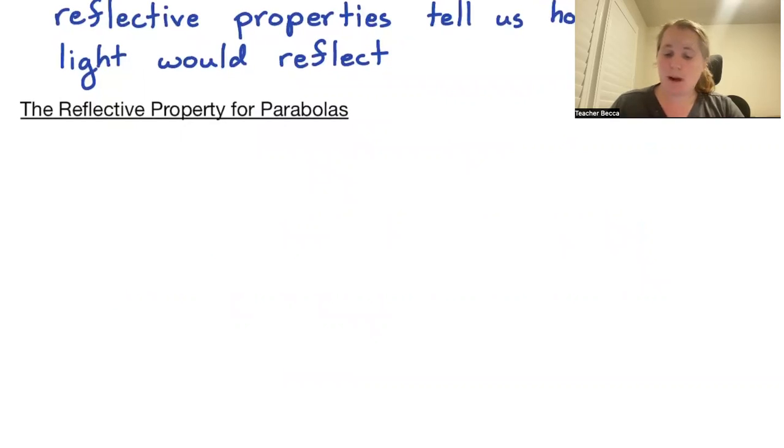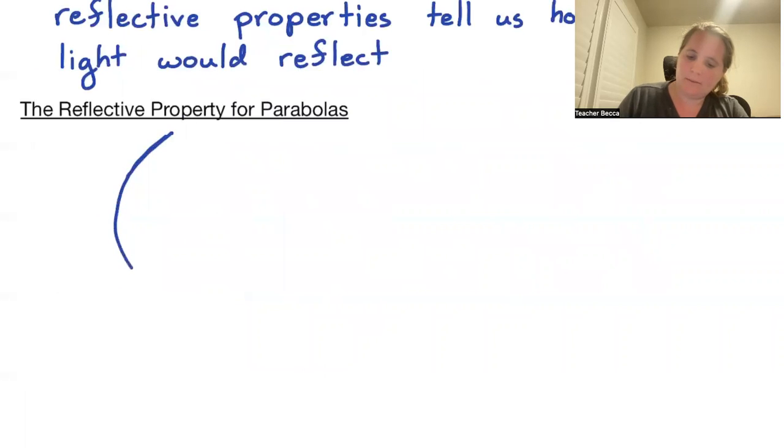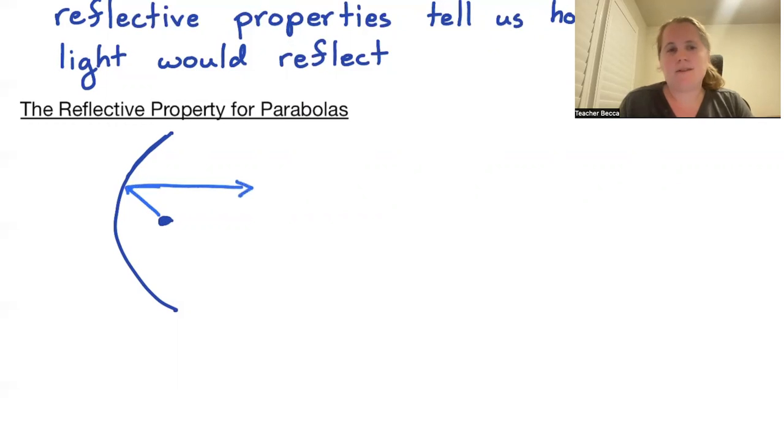Reflective property for parabolas. We get a pretty neat parabola reflective property, which is if we take our parabola and take our focus, then when we reflect the light from the focus off of the parabola, it bounces straight out perpendicular to the axis of symmetry.